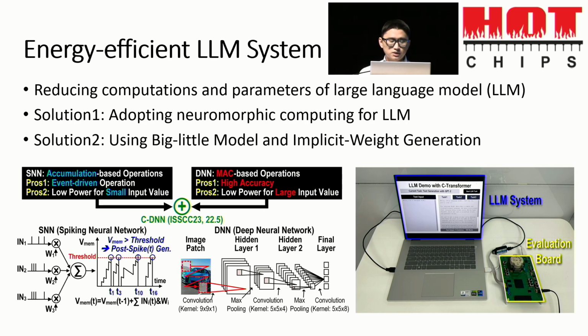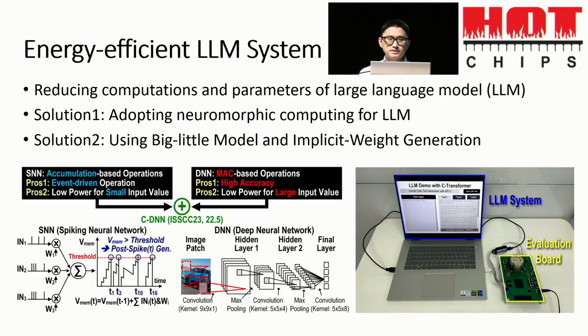This operation is called the integrate-and-fire operation, and it is repeated at every cycle until the user-specified time window. During this operation, the number of accumulations and the energy consumption are proportional to the input spikes, and the number of input spikes is proportional to the amount of information.